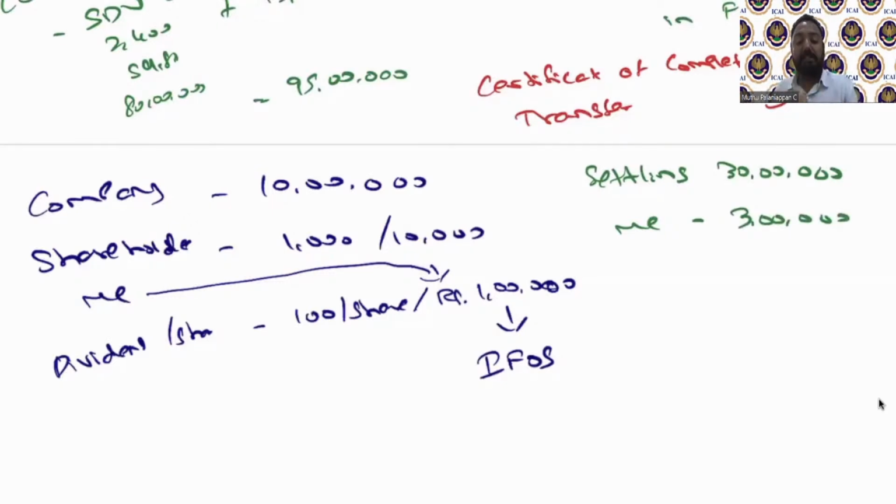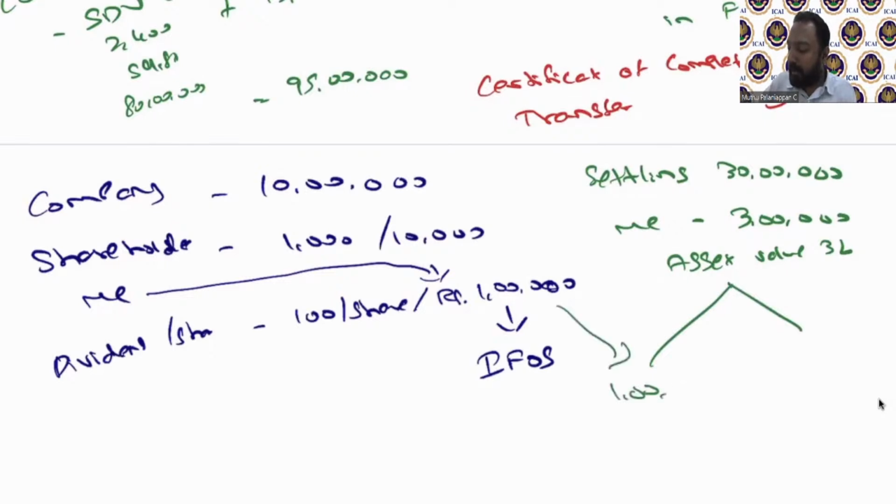They are giving me an equivalent asset with a value of 3 lakhs. Out of this 3 lakhs, 1 lakh will come under income from other sources, and the balance 2 lakhs is capital gain.